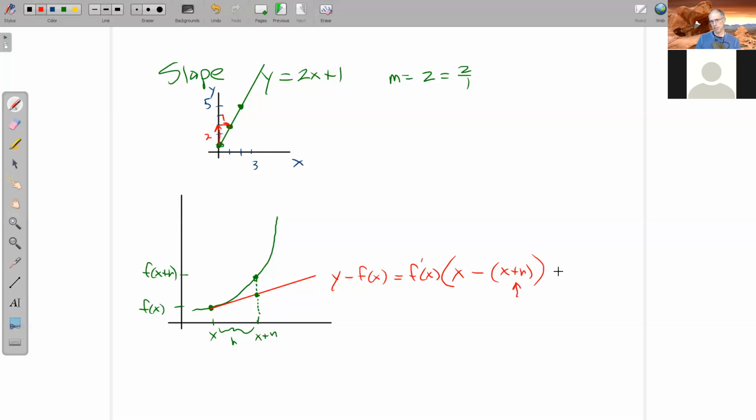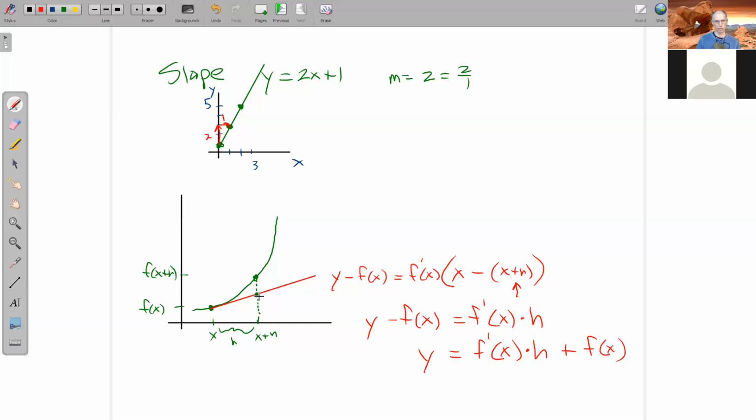X minus x plus h is just x, so I get y minus f of x equals f prime of x times h. And if I take this f of x to the other side, I get the slope times the change in x plus whatever y value I started at.